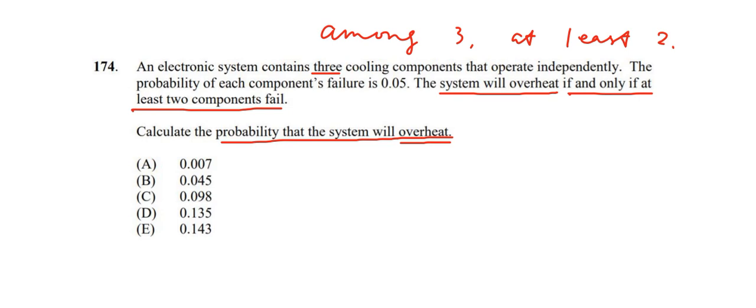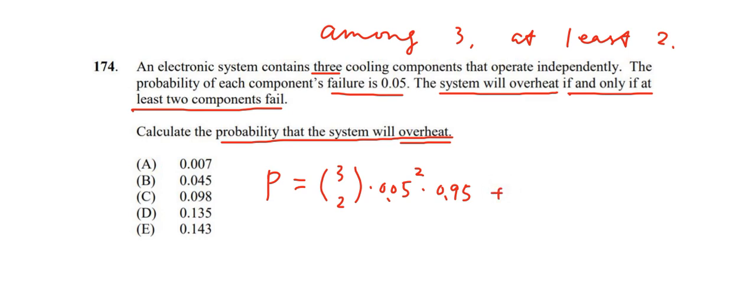So such a problem is just like a binomial distribution. We say this probability is, if we have two failures, how many such ways? From 3 choose 2, the failure happens twice, with probability 0.05 each, and the other one does not fail, not overheat.